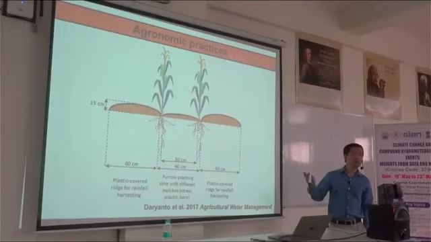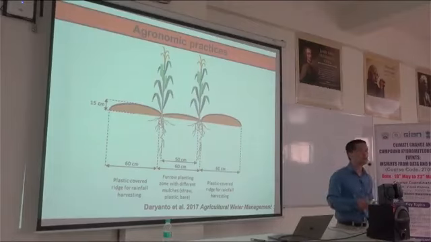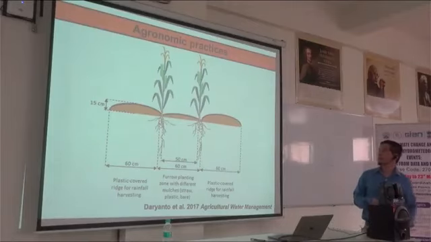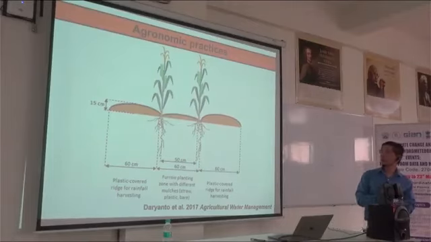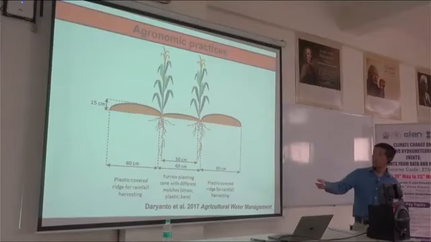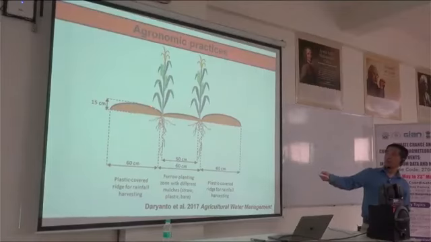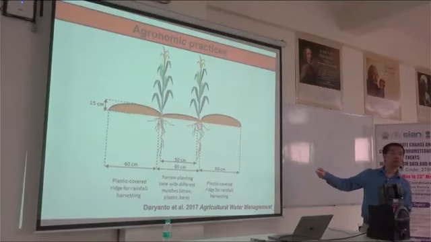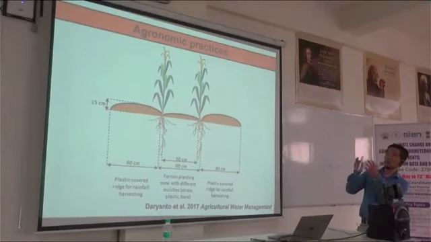It was first started in the United States, but right now the technique is more widely used in China, in the western part of China. Basically you have plastic covering the soil surface, and then you make ridges and valleys.